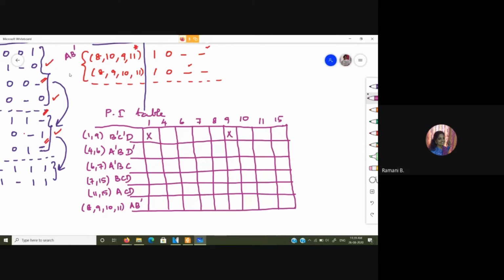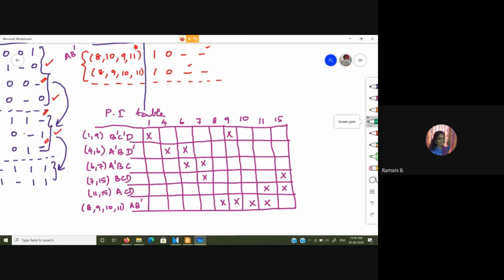This is 4, 6. This is 6, 7. This is 7, 15. Then 11, 15. And then 8, 9, 10 and 11. So as I mentioned, next we check for a single X mark in the columns.